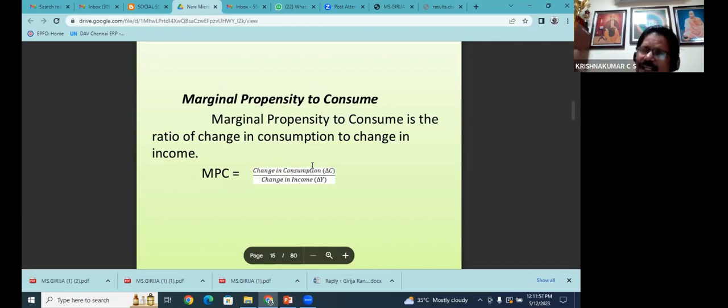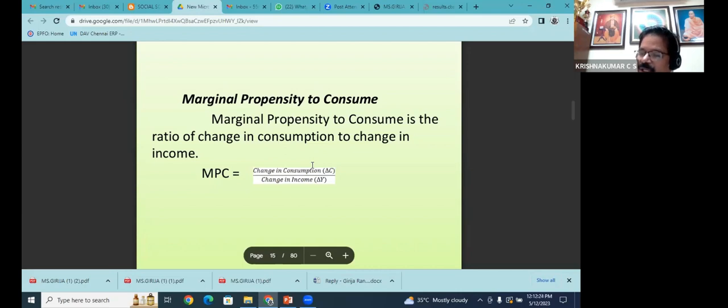Give the example of an individual. If you give the example of an individual, the children will understand it better. Say Mr. Ramu is working in a private company. Mr. Ramu's income is 20,000. Out of this 20,000, he is using 10,000 for consumption.